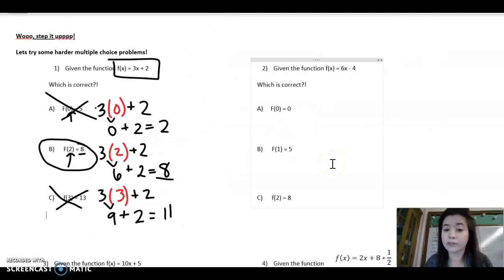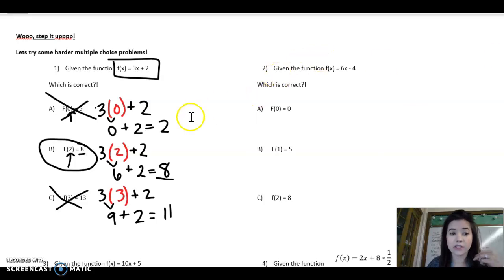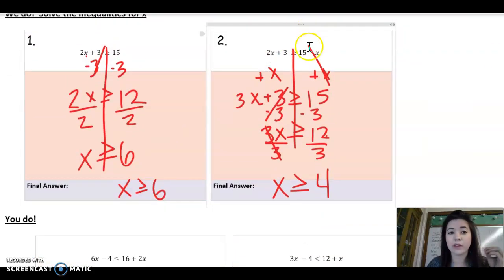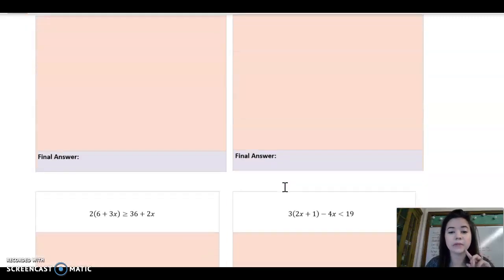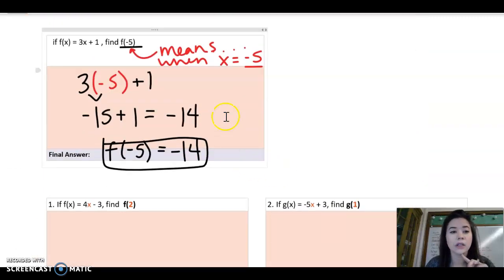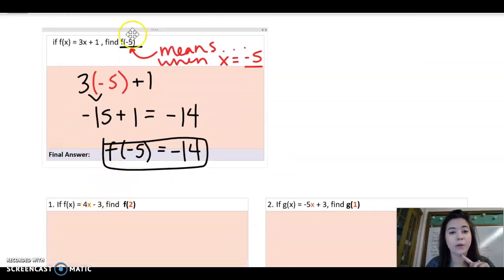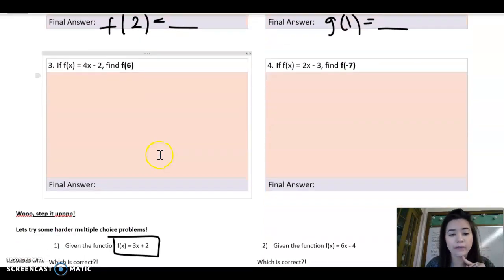And that's all the work for this lesson. So again, for inequalities, solve it the same way as equations. Move your smaller x first. Final answer should have an inequality sign, not an equal sign. Functions: if I say evaluate the function, that means when x is negative 5, plug in negative 5, tell me what you get.